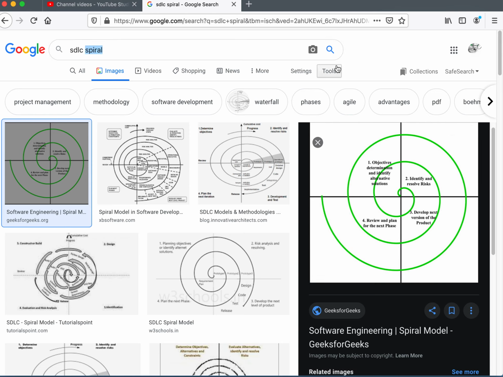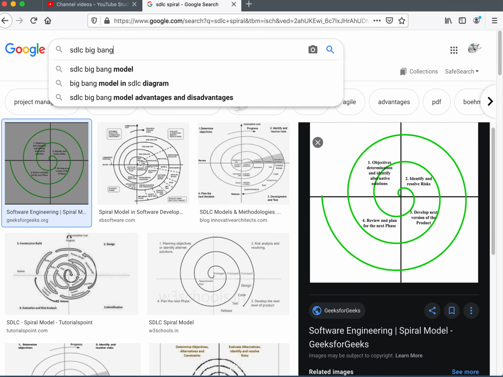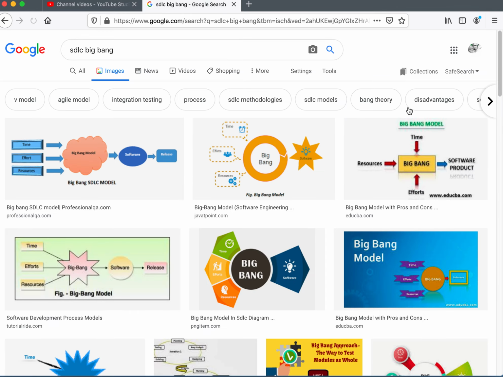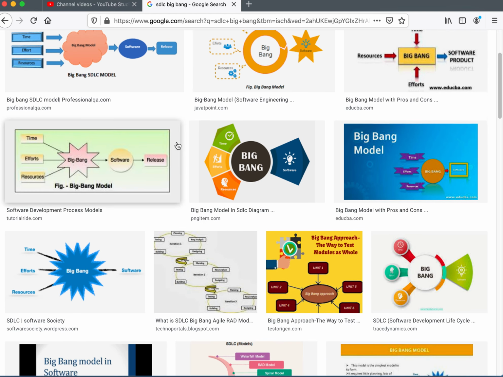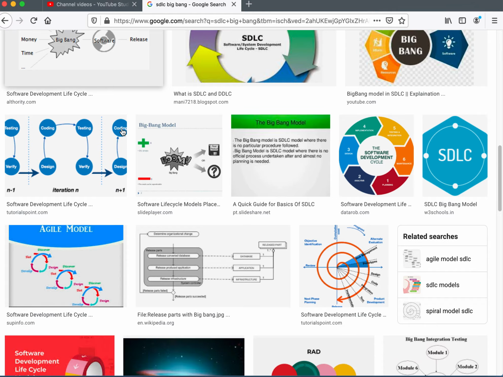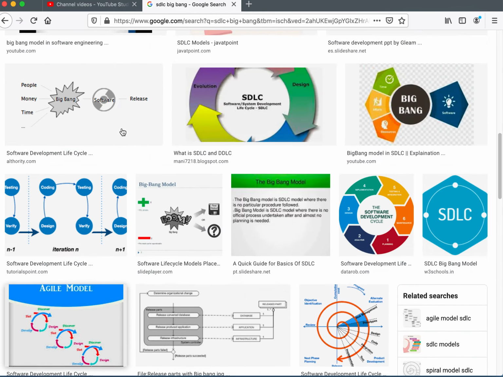Now, what about if you have no idea what it is you're going to make? You don't know who your audience is, you don't know what you're building, what you're designing. What are you going to make? Well, that's what we call the Big Bang. Now, the Big Bang is, wow, I hate the way all of these look.